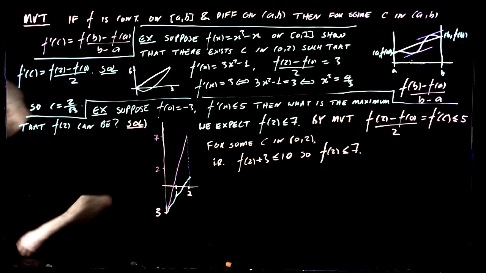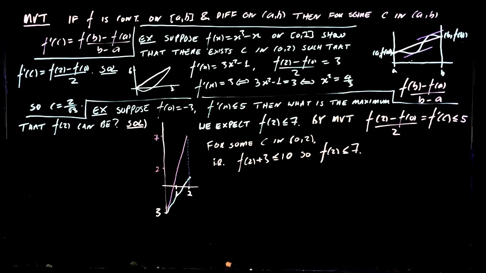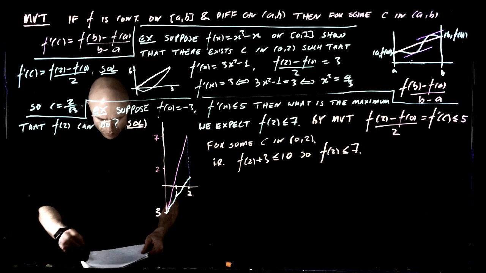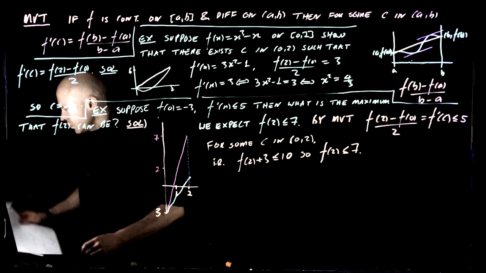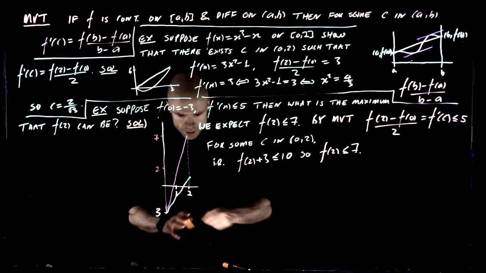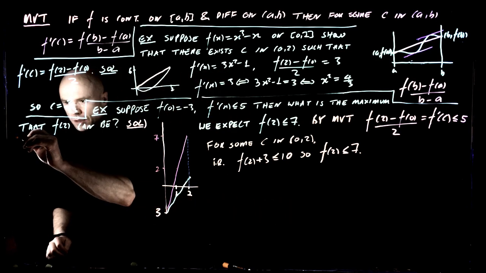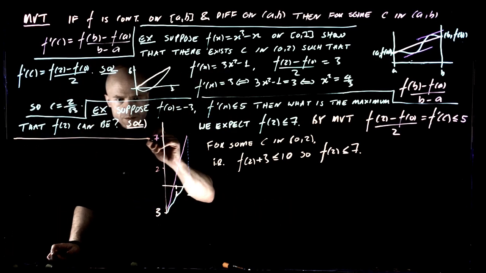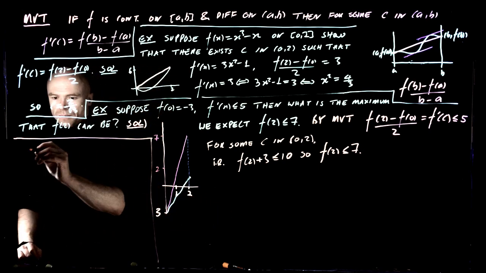Let's see if there's some other example. It's not really an example, but it's kind of a consequence of the mean value theorem. That's pretty important. So, here's a theorem.